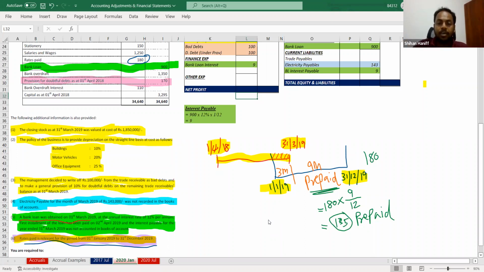The current financial year ends on 31st March 2019, so only 3 months belong to it. 9 months are for the next financial year, which means it is prepaid. Out of 180, 9 months prepayment is 135. Is it clear?